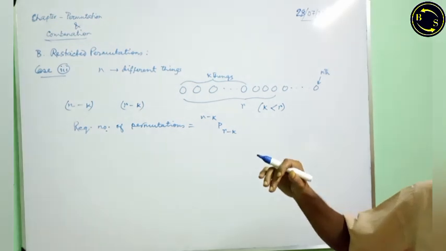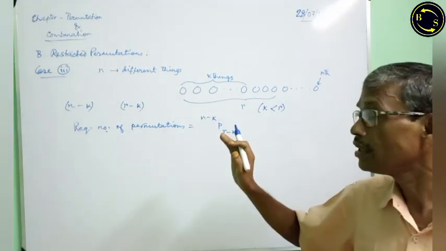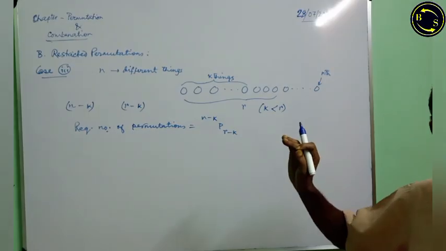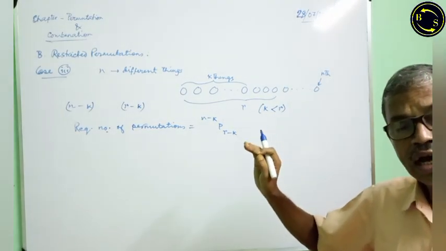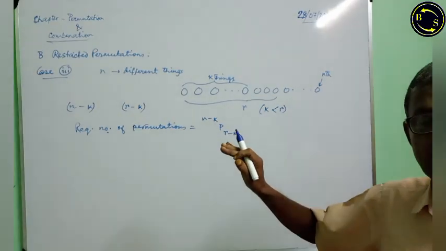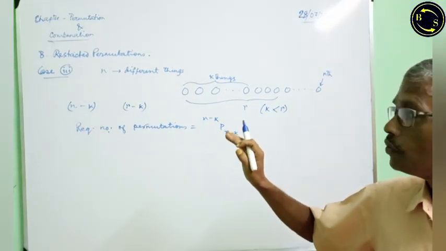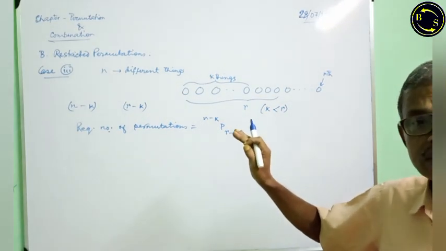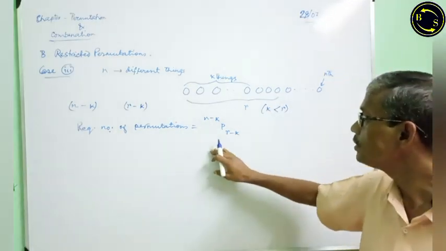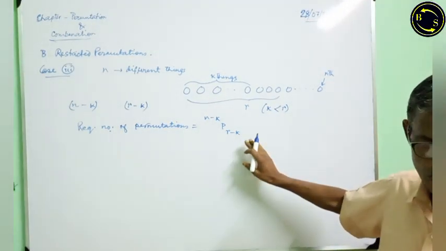Then we have n minus k things in hand, and since totally r things are to be taken, from those remaining n minus k things we have to take r minus k things and permute. Therefore, the required number of permutations is this one. This is the first case.